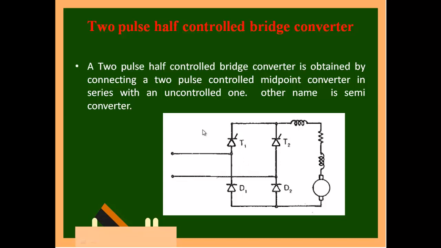During the negative half cycle, what happens is, you turn on this T2, from 10 milliseconds to 20 milliseconds. Once you turn this on, automatically your current will enter and leave. The thing you have to notice is that it will leave and come to this diode D1, and then the path gets closed.